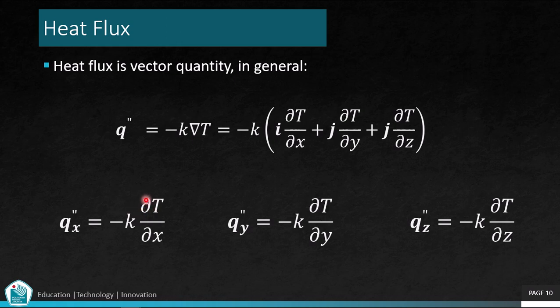It's like a d, but more round. Sometimes it's called dou t. In English, the correct term is probably round dT. It's the same with the y and also the z direction.